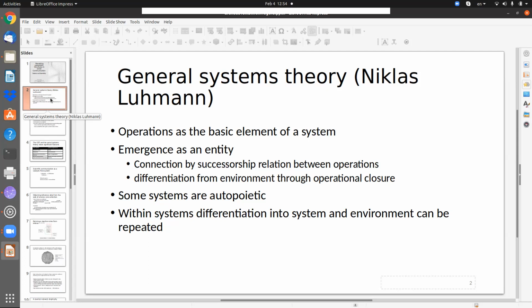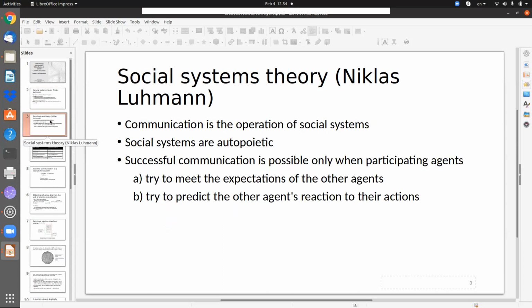Okay. Then going to social systems, very briefly. In social systems, we have communication as the operation running autopoiesis, and social systems are in fact autopoietic systems.